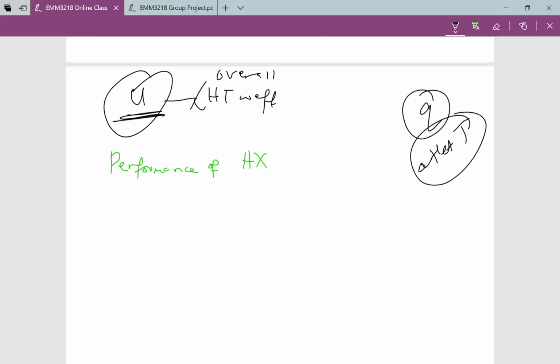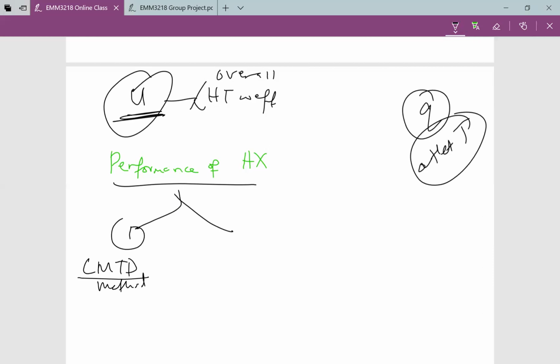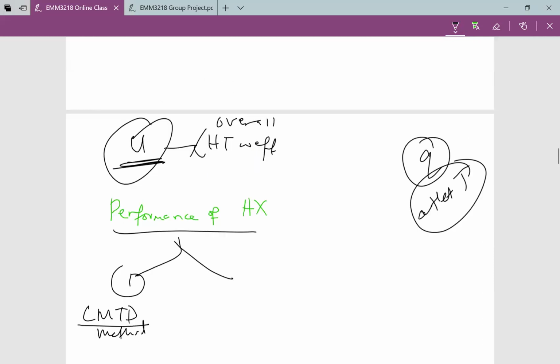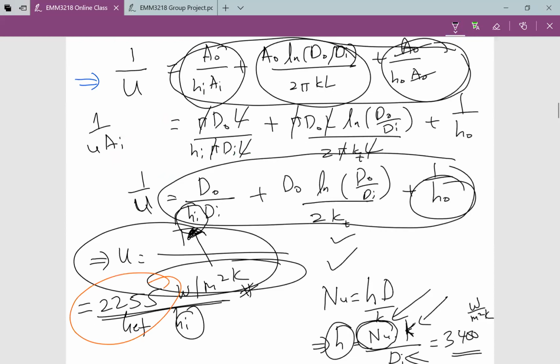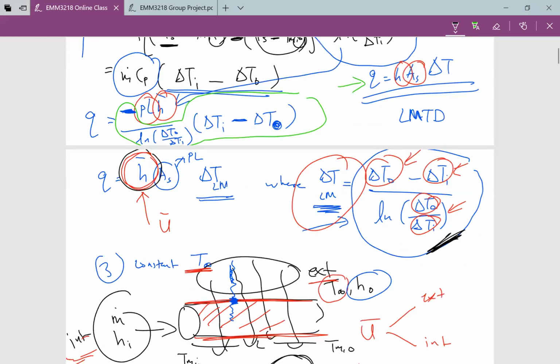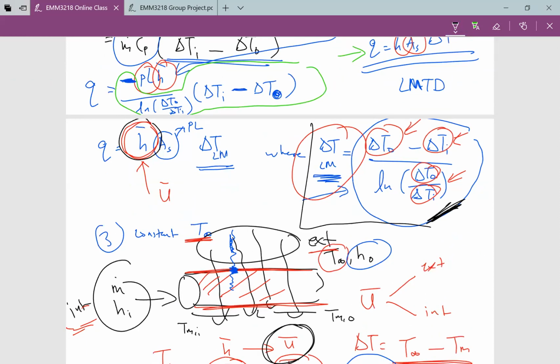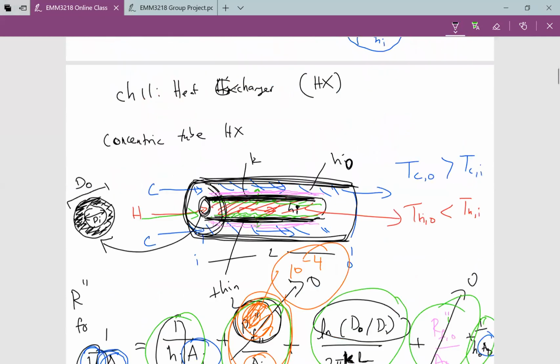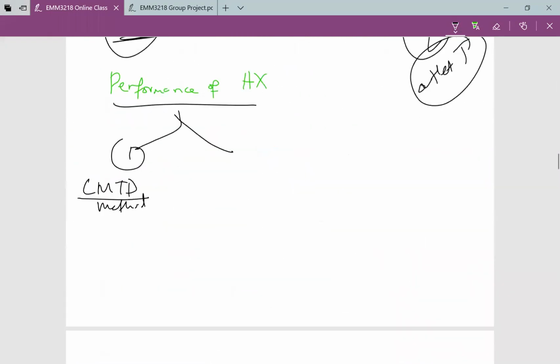In order to know the performance, there are two methods. The first one is called the log mean temperature difference method. It is a lot like the one you saw earlier for internal flow, something similar, but specific to heat exchangers.